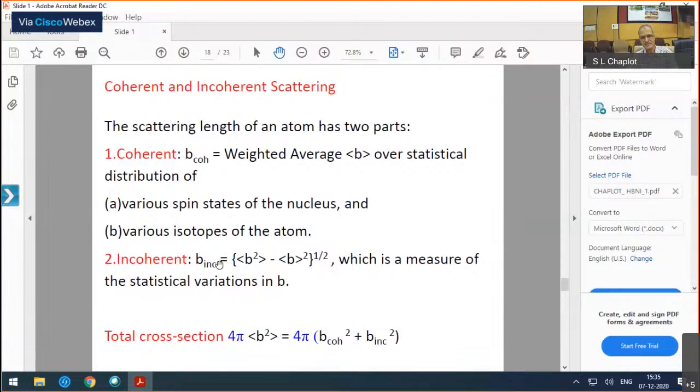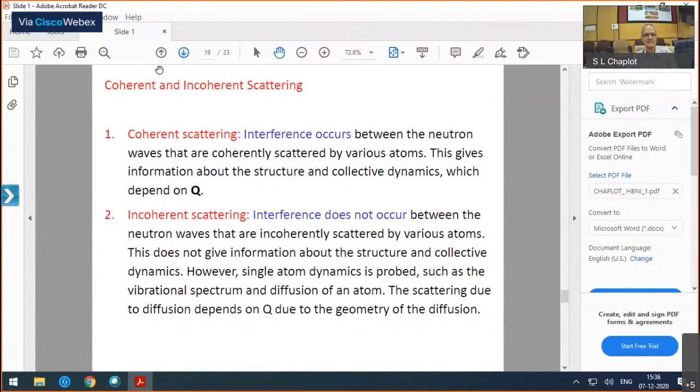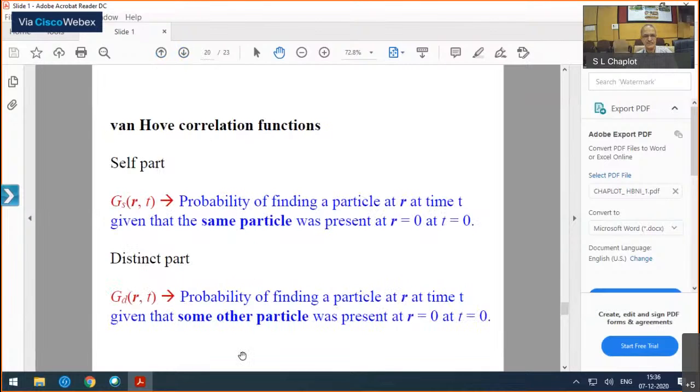The contributions from each atom will be summed together, and you measure that in the detector, whereas the coherent part gives a diffraction pattern at selective values, in selective directions. And then these are related to the two different correlation functions, either self or distinct.